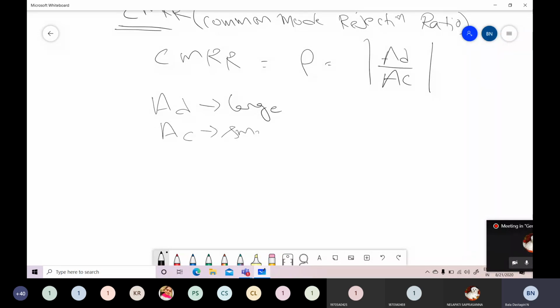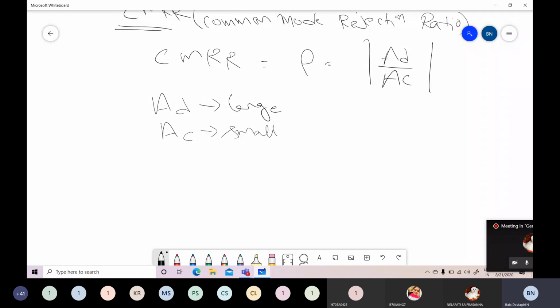Why? Because we give the difference voltages more when compared with the common mode. The common mode signal comes only due to the presence of noise. Otherwise, there will be some difference between the two input voltages. So here AD is large and AC is small.